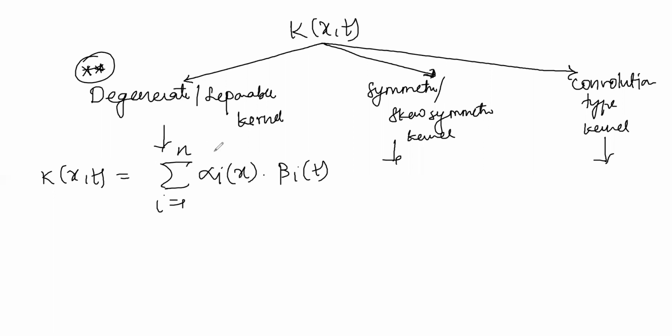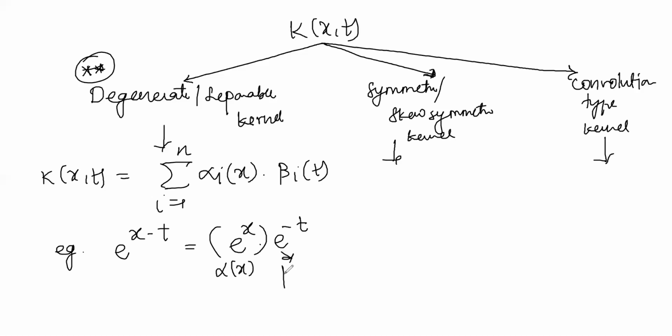Let's say for example, you have e to the power x minus t. I can write this as e to the power x into e to the power minus t. So here this is completely a function of x, and here this is completely a function of t. So in that case, this kernel is a separable kernel.